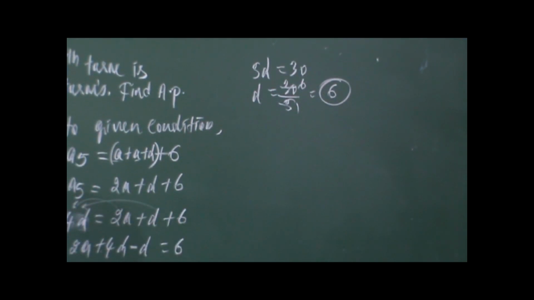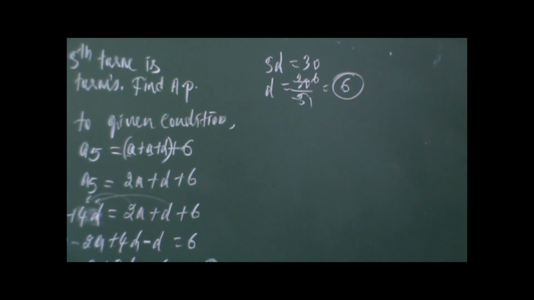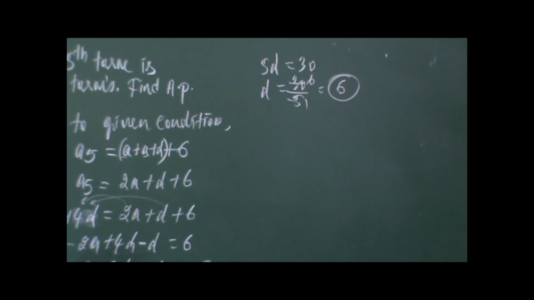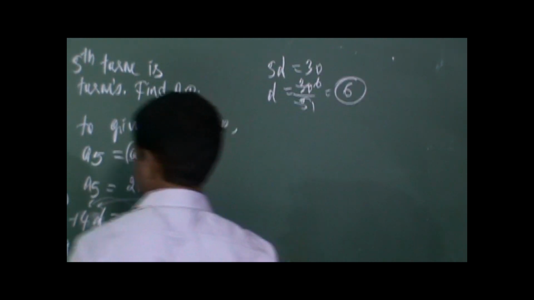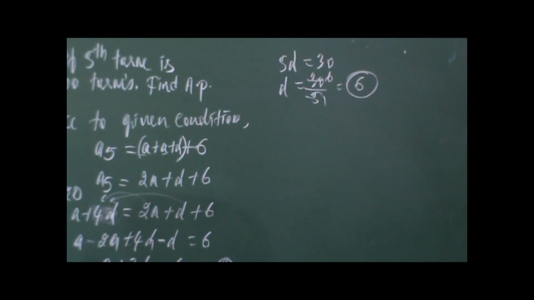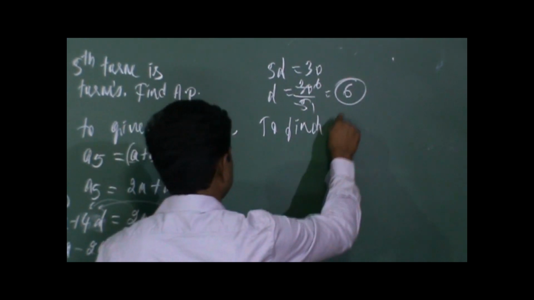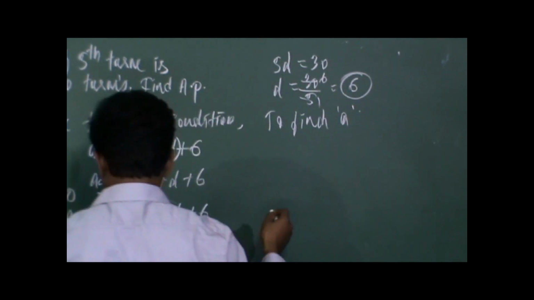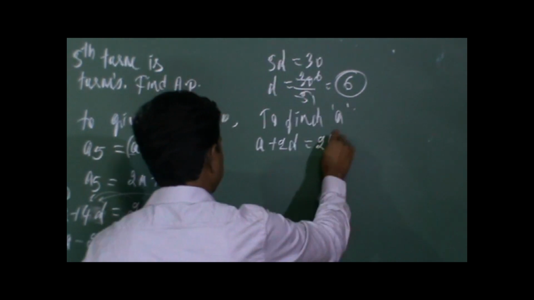We are very near to the AP now. We have got the value of D as 6. We will find out the value of A. Substitute the value of D in any one of the equations, either equation 1 or equation 2. To find A, let us take A plus 2D is equal to 24.